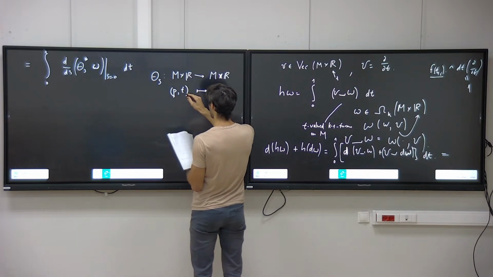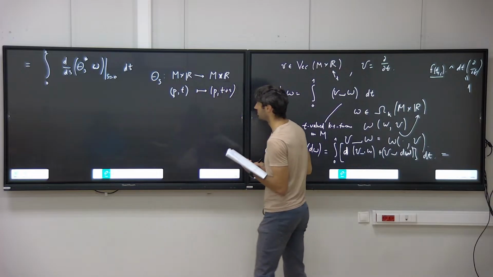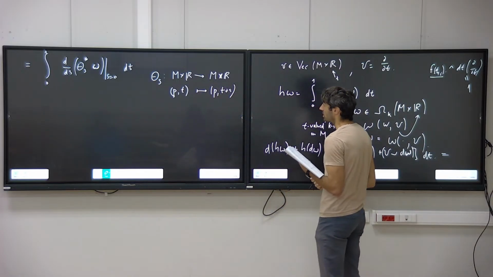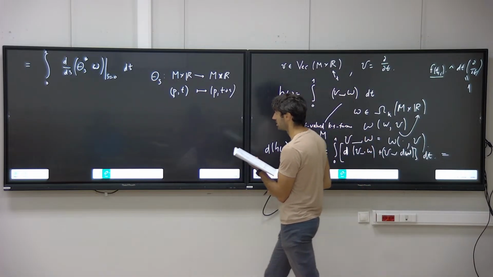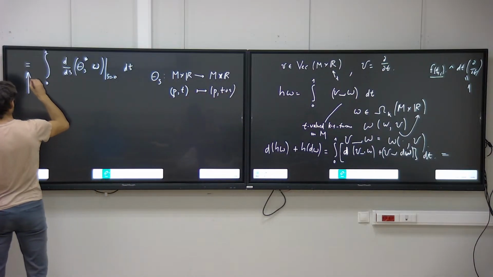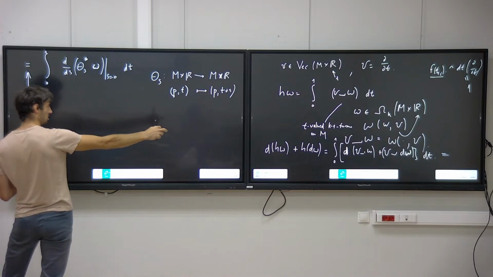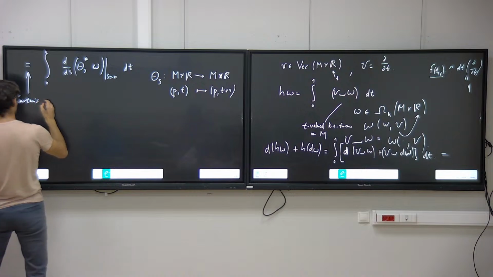So it just shifts this entry, P, t plus s. Okay? But then, this is Cartan's magic formula. Magic happens when things cancel in this sum.